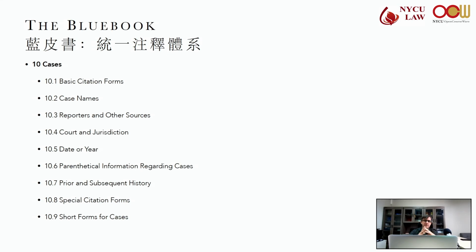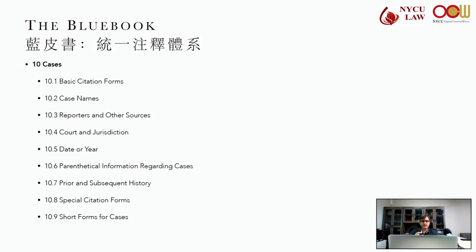So we have an example here. Footnote 1, U.S. v. Montoya, cited in full. Second footnote, we can use an id, right? At with a pin cite. The third footnote, we have more new cases. The fourth footnote cites to Martinez, right? We can't use id because there is more than one case cited in footnote 3.